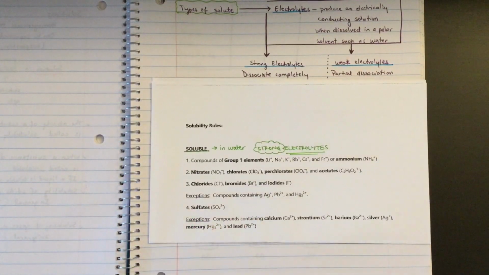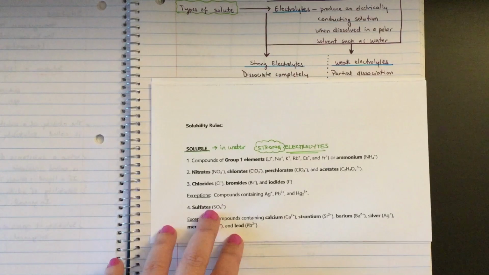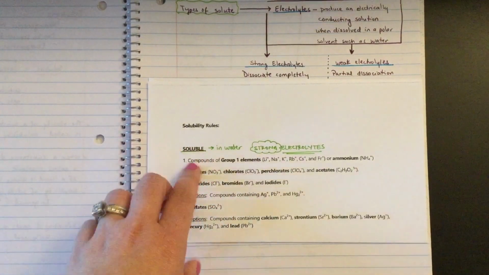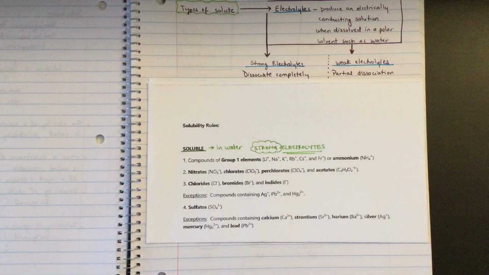So I have here the first half, and I'm going to show you how to use your solubility rules. This half here is classified as soluble. So these compounds listed here, or the compounds that you get with the combination of these ions with a positive or a negative ion, will give you soluble compounds.